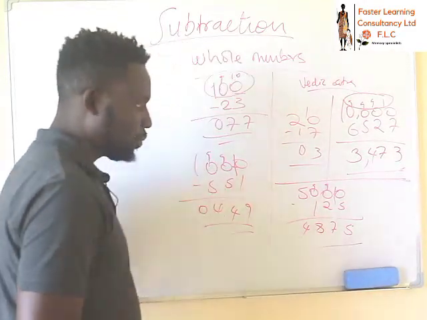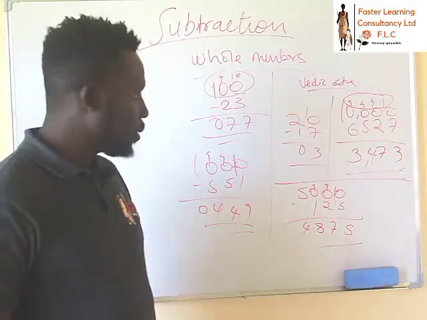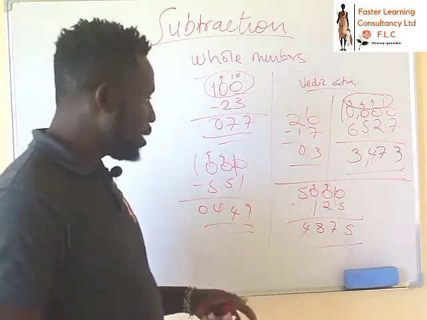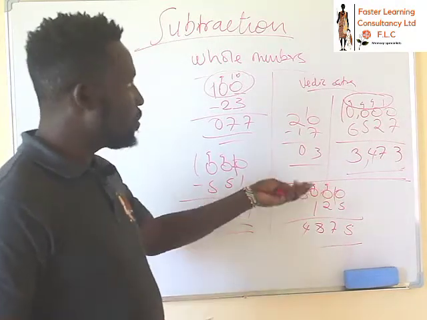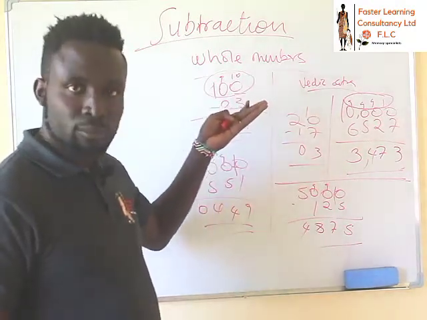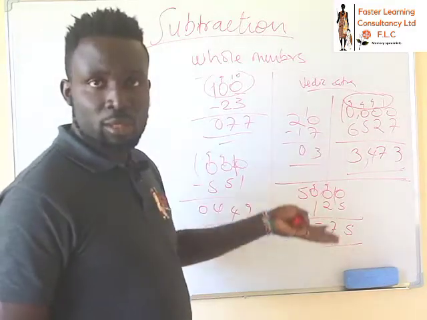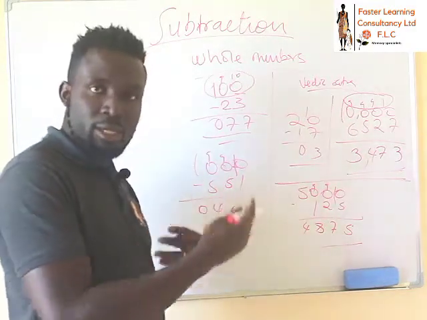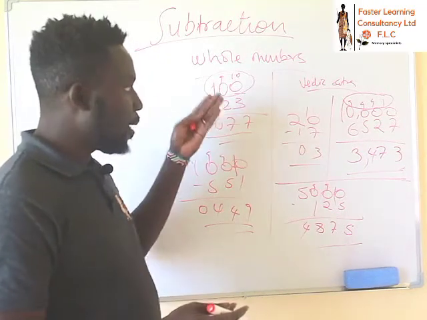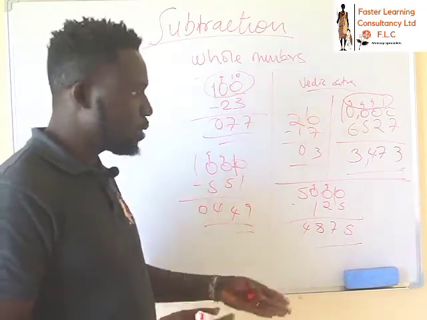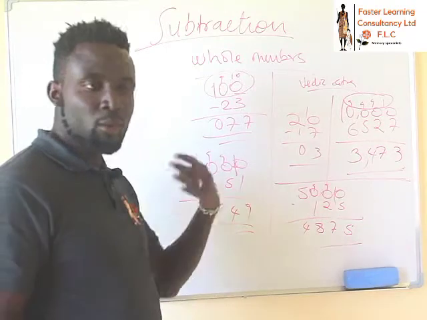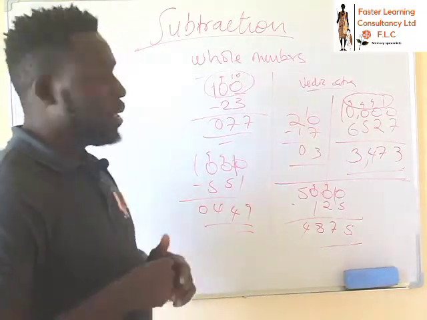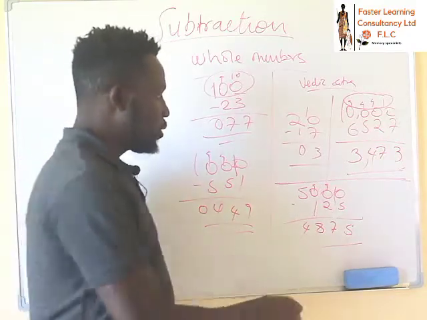You are done. When I'm doing subtraction, I don't think in terms of what to carry forward, but this gives me a shortcut, a skill or strategy that helps me calculate without thinking about carrying forward and what is still remaining. So that's something that I thought you should learn.